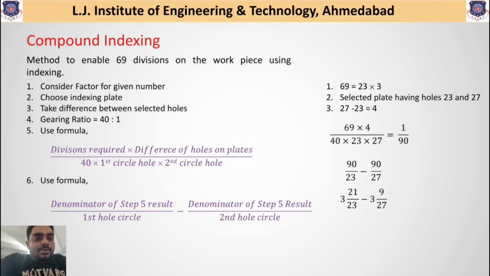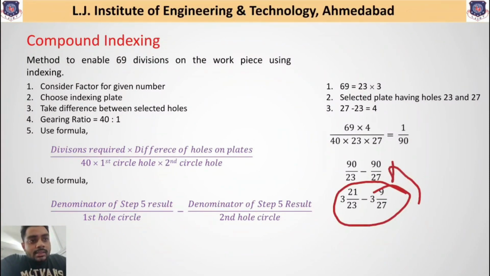So if you simply solve this form, you will get this above step only. That means if you solve 3 and 21 divided by 23, you will get 90 divided by 23. How? To solve this, you just need to multiply 23 into 3, that is 69, and add the numerator value, that is 21.